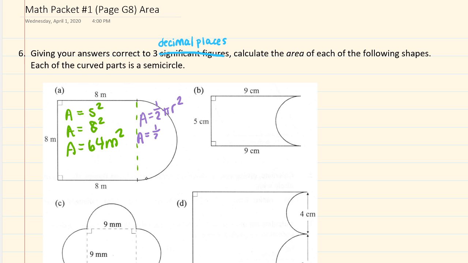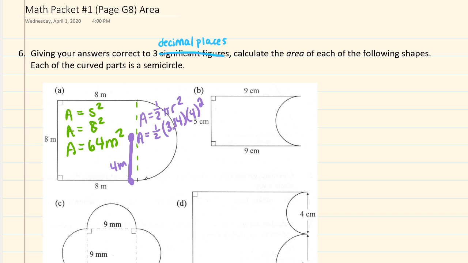Let's see, 1/2 for pi, we're going to plug in 3.14, and the radius, so halfway across the circle would be, well, since all the way across the circle would be 8, and halfway across the circle would be 4, so our radius is 4.